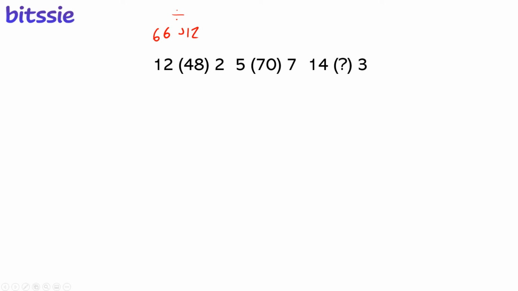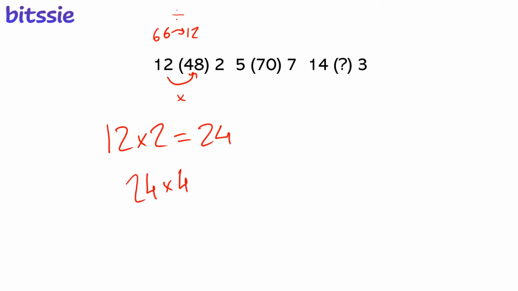Similarly, we will need to do a multiplication to get from the smaller number 12 to the larger number 48. So let's do 12 times 2, which gives us 24. And this is quite conveniently half of 48.